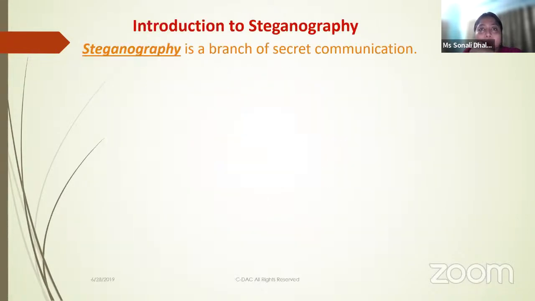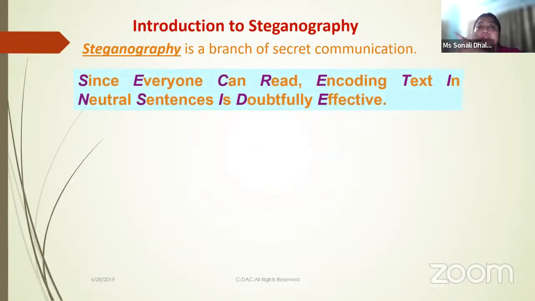So better I go to steganography and steganalysis. Steganography is a branch of secret communication. Now this is a normal sentence that everyone can read: "Encoding text in natural sentences is doubtfully effective."